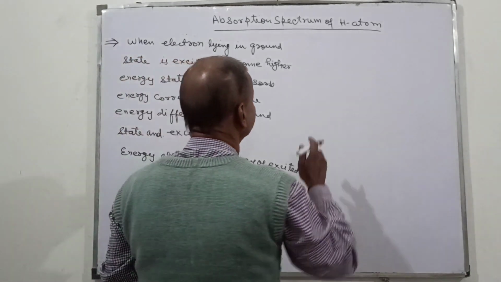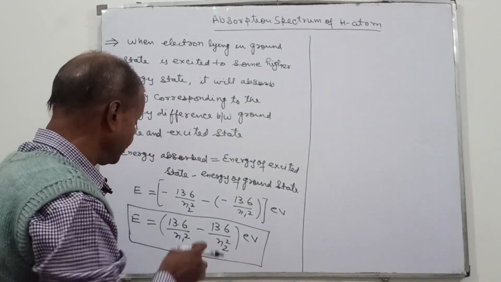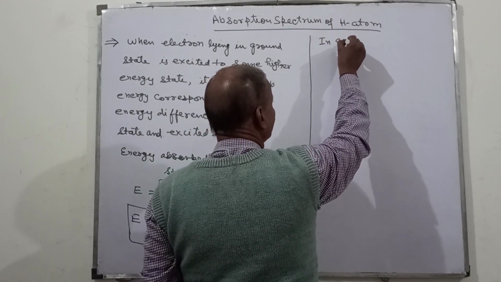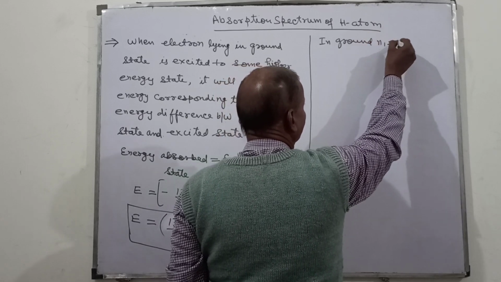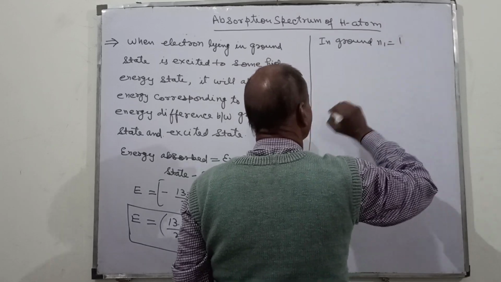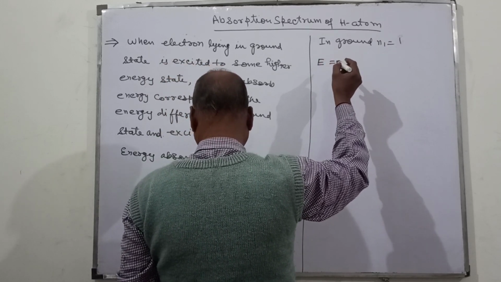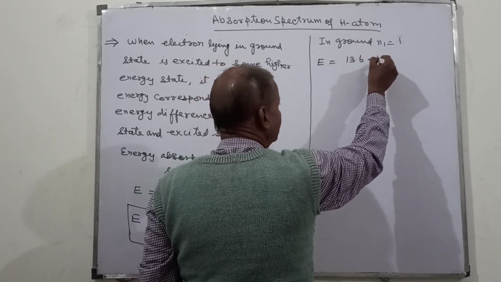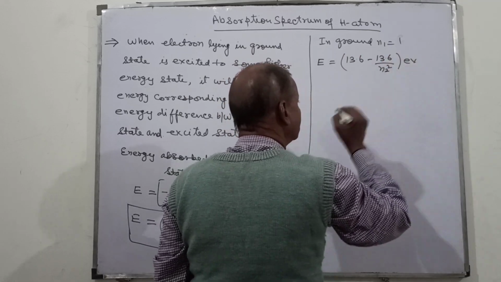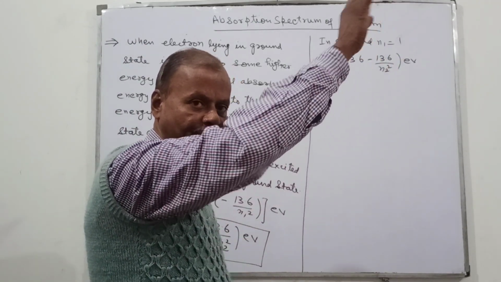Now in the ground state, n1 equals 1. Then the energy absorbed E equals 13.6 minus 13.6 upon n2 squared electron volt, and n2 will be equal to 2, 3, 4, 5, 6 and so on.